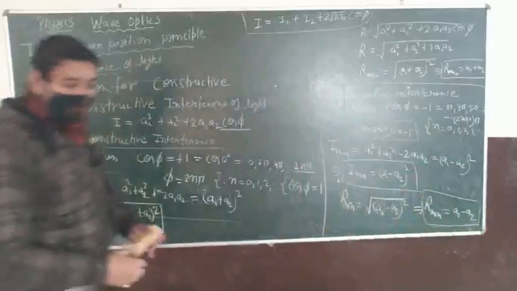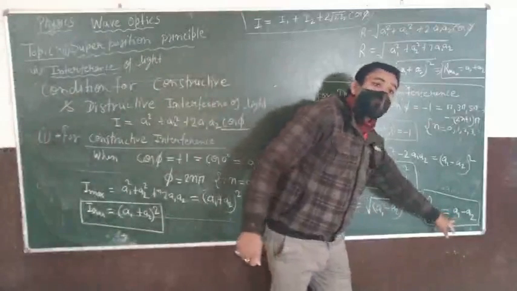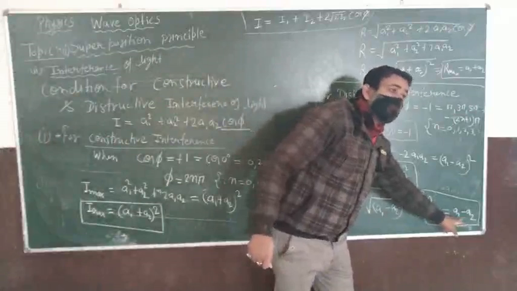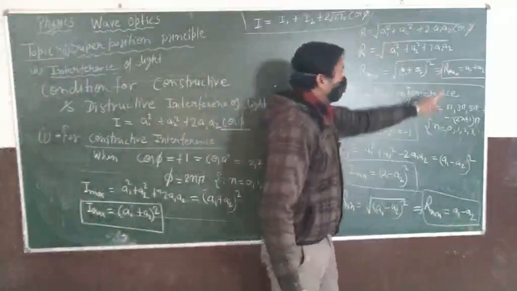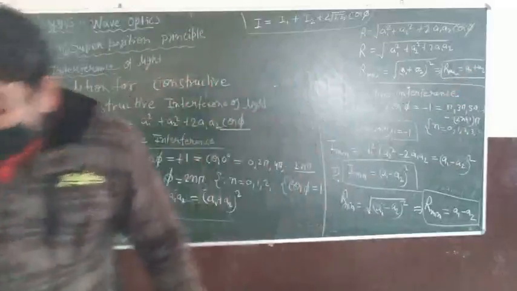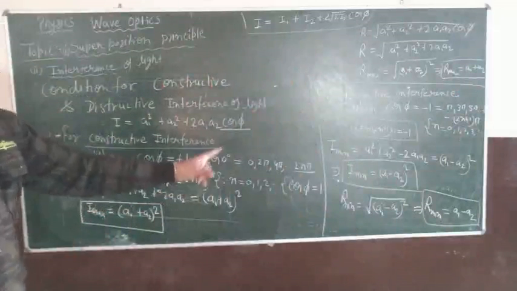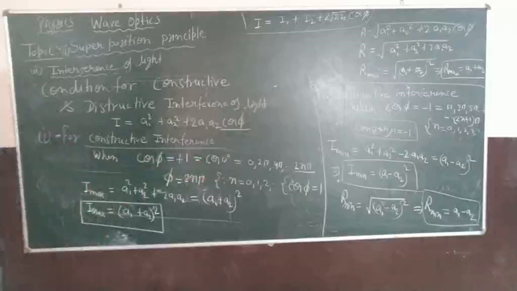This shows the condition of less amplitude or less intensity of light, and here it will be large intensity of light. These are the two conditions of the constructive and destructive superposition.